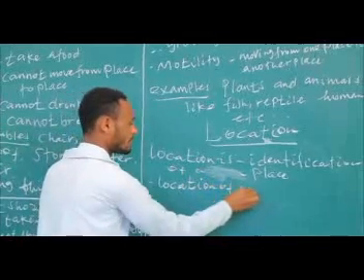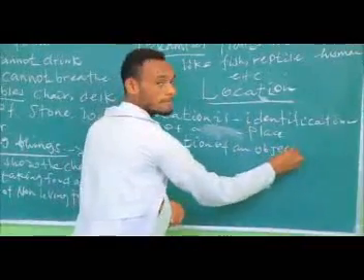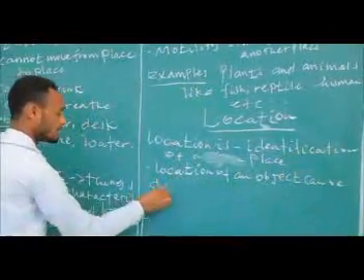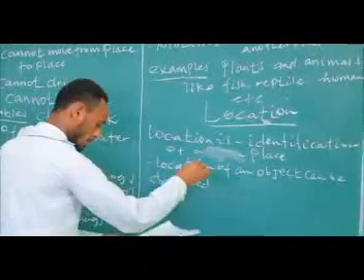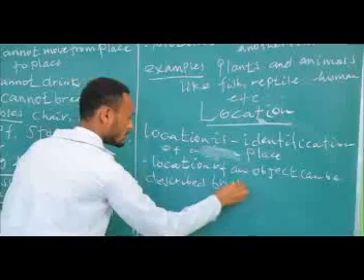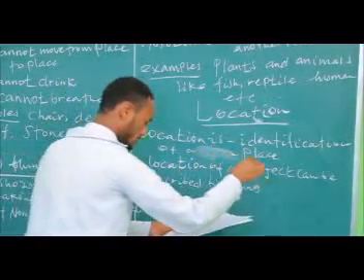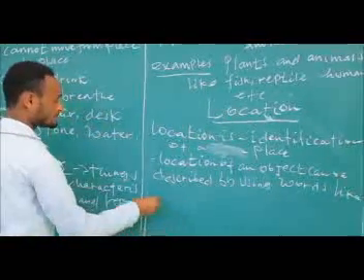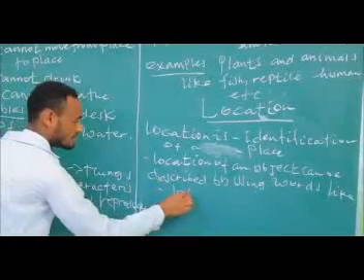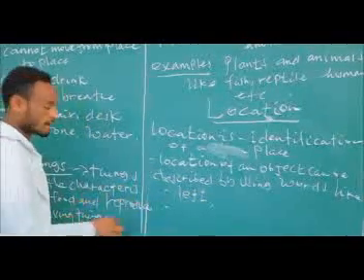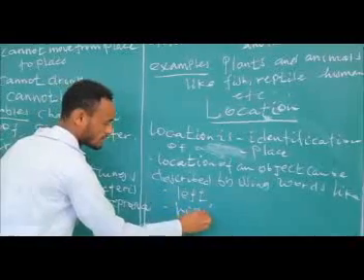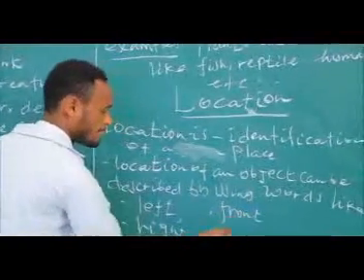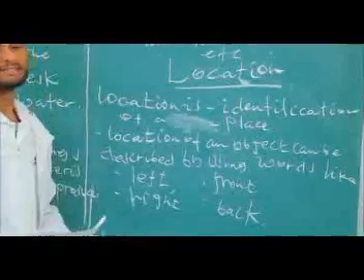The location of an object can be described by using words like left, right, front, and back.